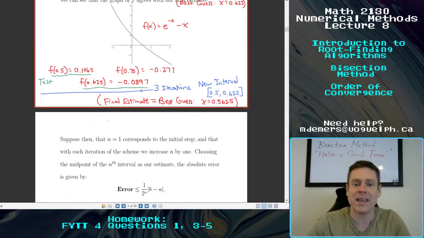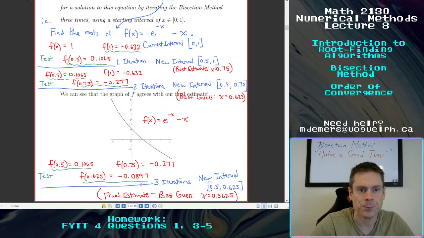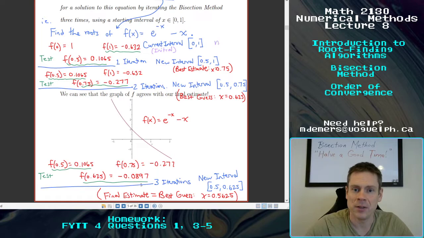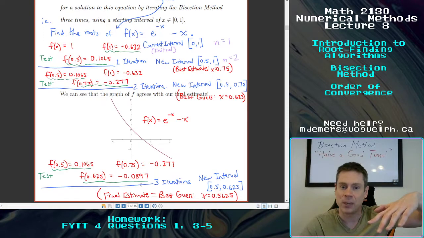So if I go back here, I just want to show you again what I exactly mean by that. Our initial interval, in this scheme, this is n equals 1. After we carved it in half once, this is our second interval that we're considering. This is n equals 2.